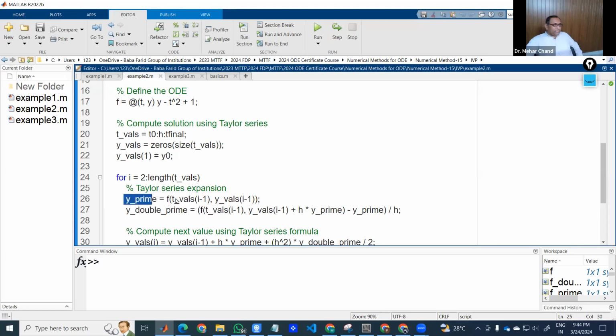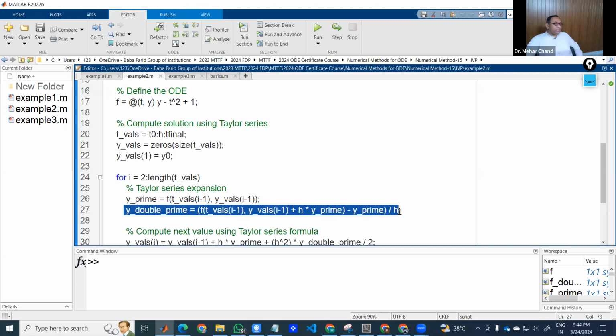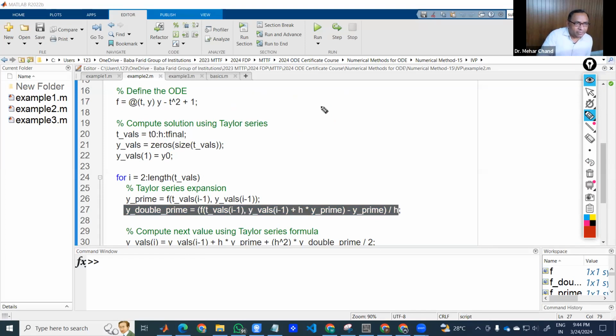Y dash is given by the function, y dash will be equal to f(t, y). And y double dash, by the definition of a derivative, can be written as the limit as h approaches 0 of y dash at x naught plus h minus y dash at x naught, upon h.